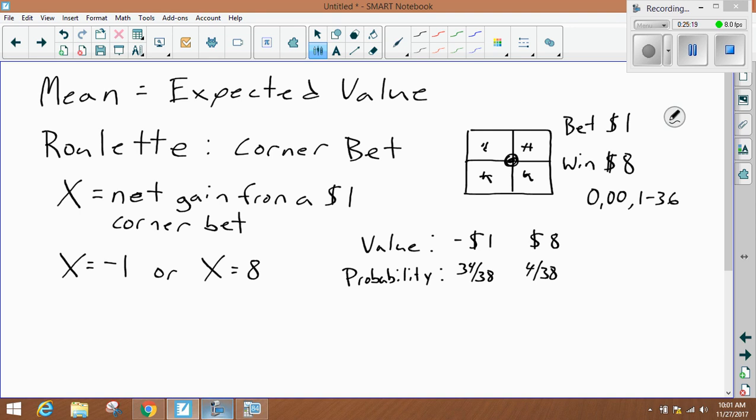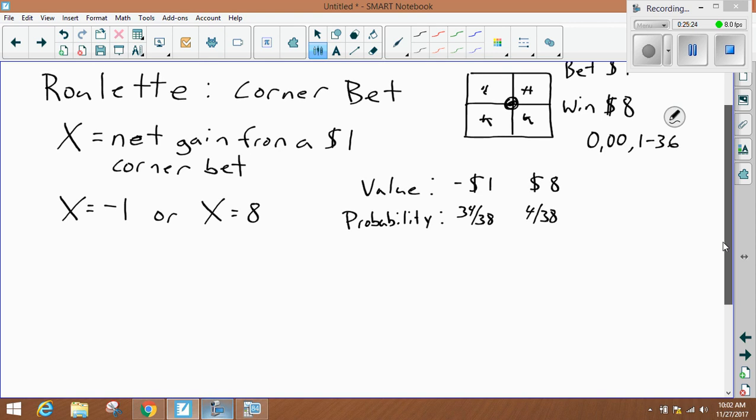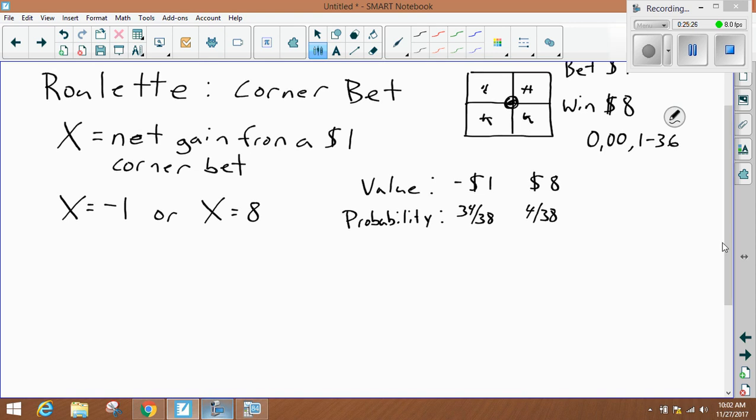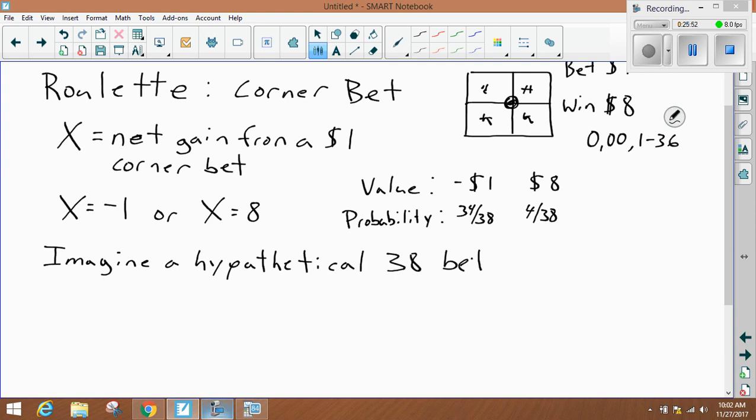All right, so there we go. We have our probability distribution there. Now it's time to get down to the nitty-gritty. Imagine a hypothetical 38 $1 bets. All right.